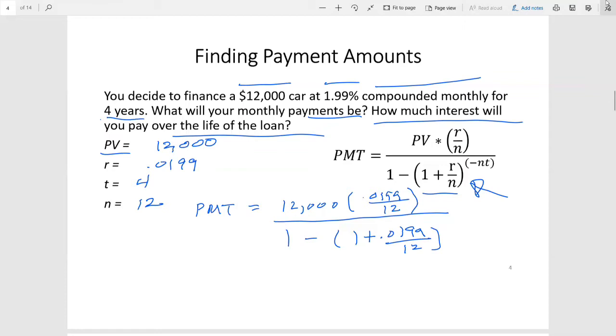Notice that's going to be minus 48, because NT is 4 times 12, which is equal to 48.